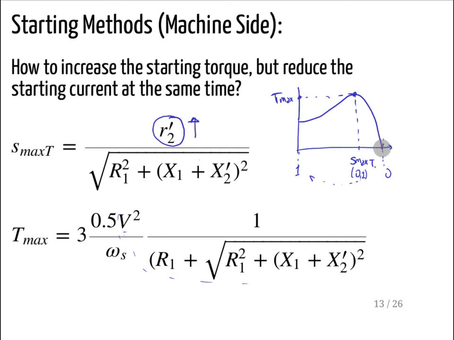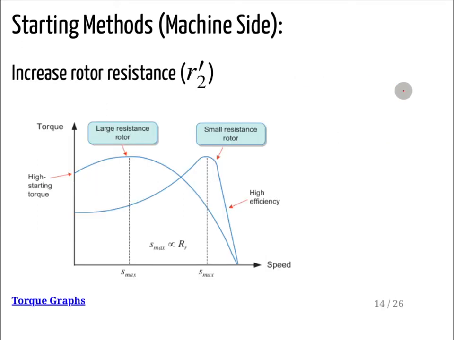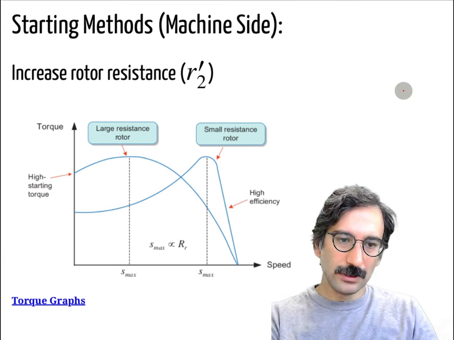So actually your curve will be something like that as you increase R2 prime.